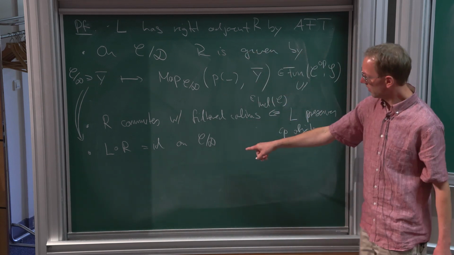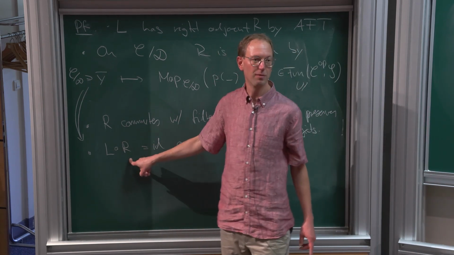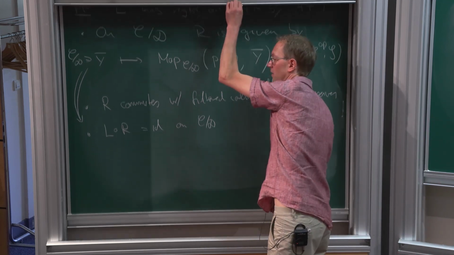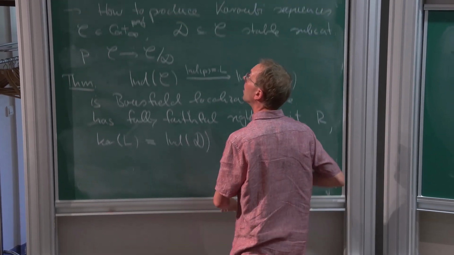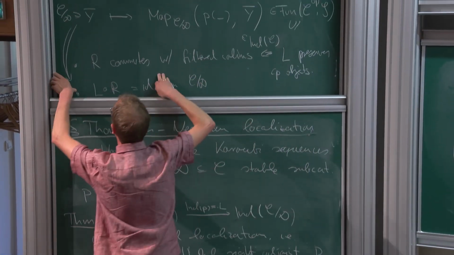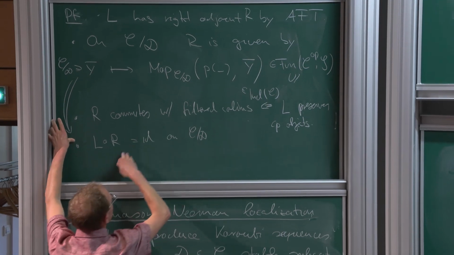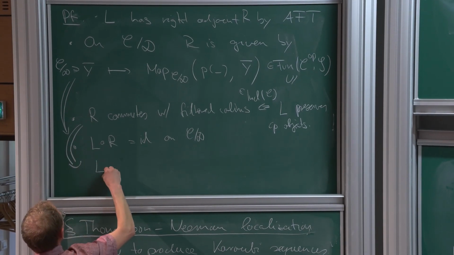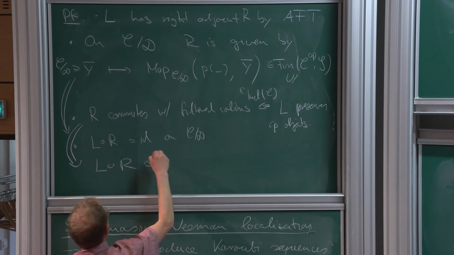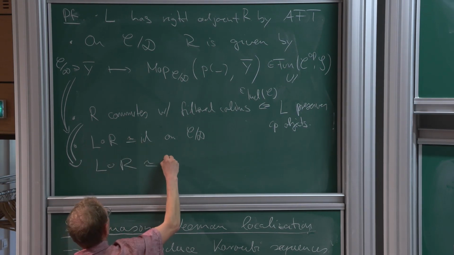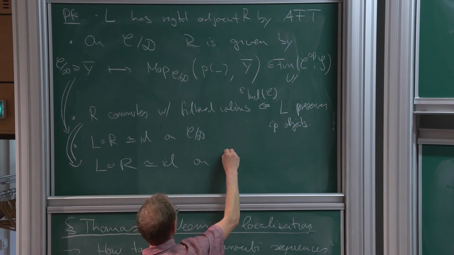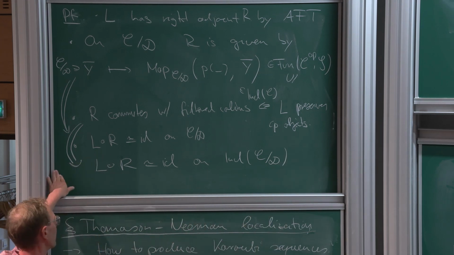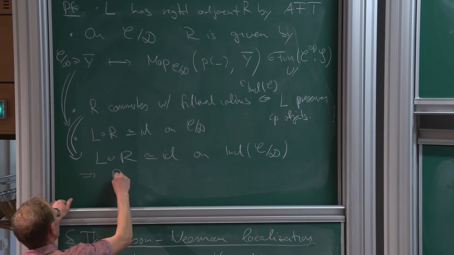And then because both functors here commute with filtered colimits, you see that it holds in general. This is maybe not super organized, sorry. So this implies that L composed with R is equivalent to the identity on all of Ind of the Verdier quotient. And this precisely says that R is fully faithful.